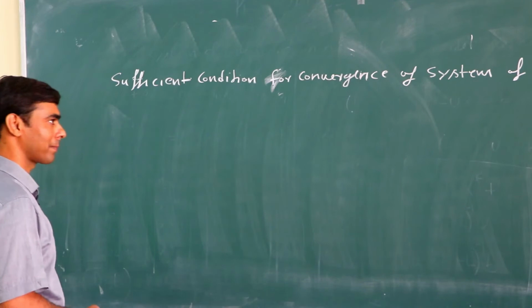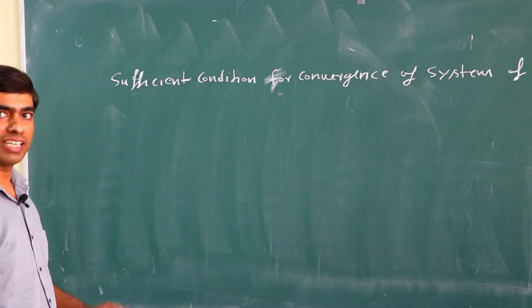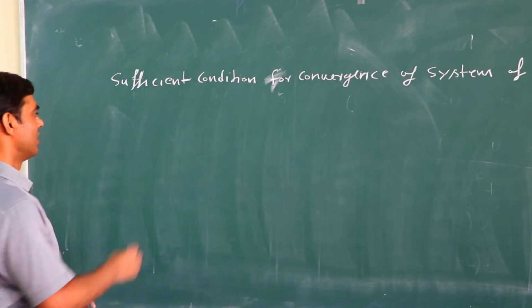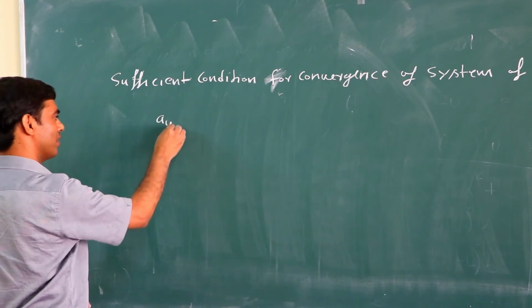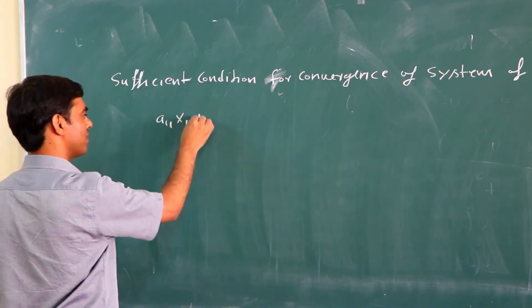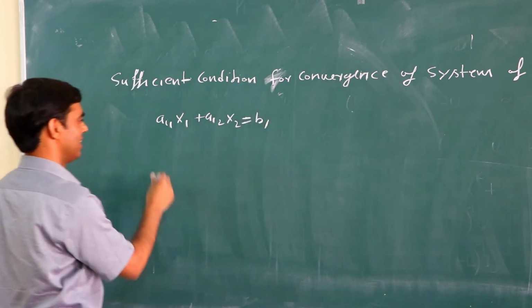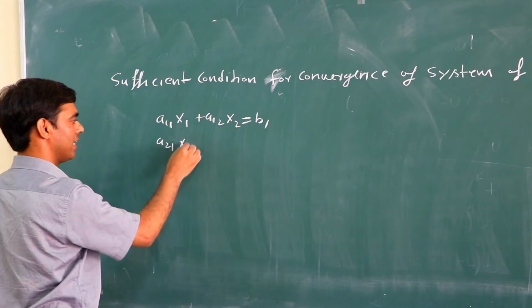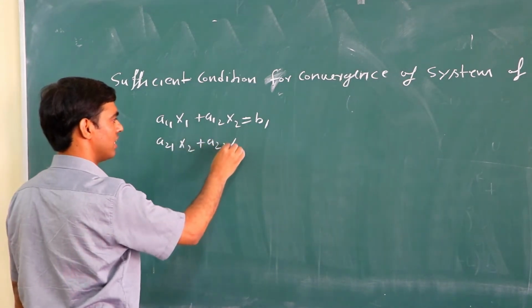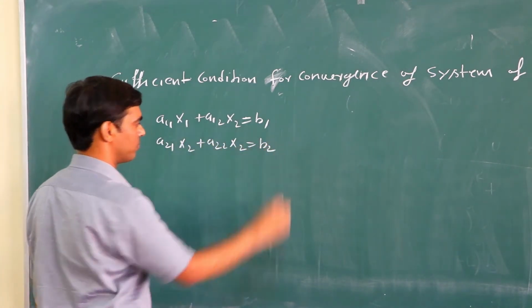Here we write two equations: a11 x1 plus a12 x2 equal to v1, and a21 x1 plus a22 x2 equal to v2.